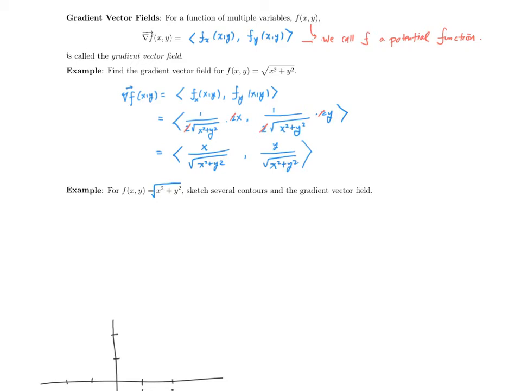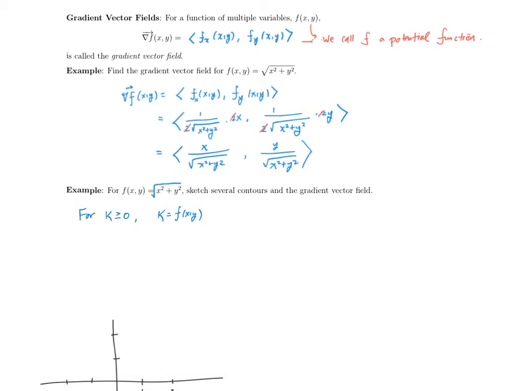So for this function that we've just worked with, let's sketch several associated contours along with the gradient vector field determined at several points. So let's begin with the contours. Reminder from previous discussion, and in this case because it's a square root we would say a positive value of k, we could have the k equals contour.